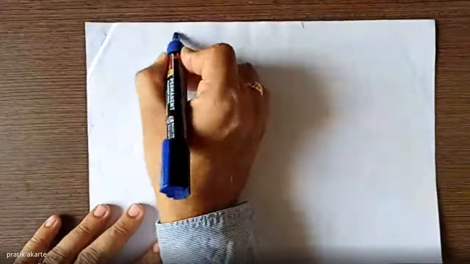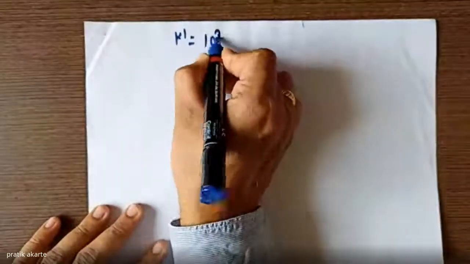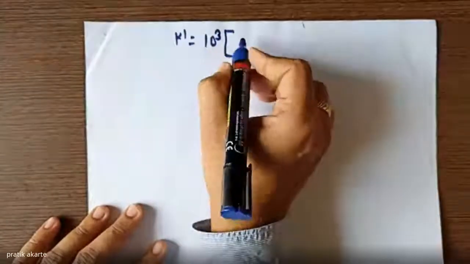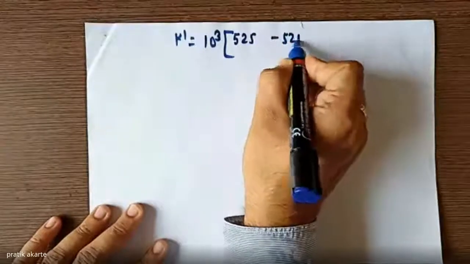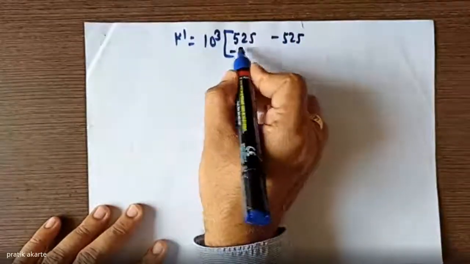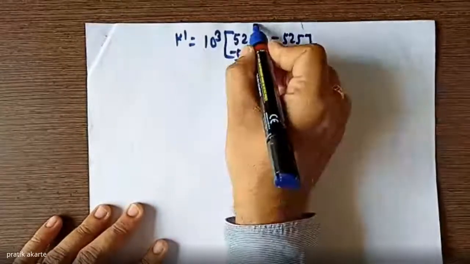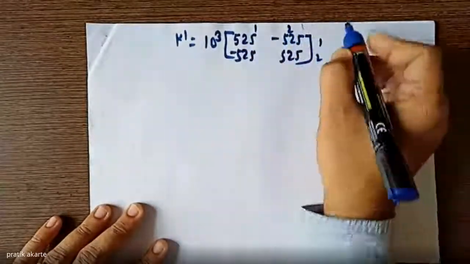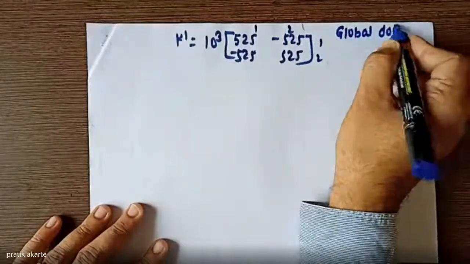Writing it in the element stiffness matrix form, K1 as 10 to the power 3 in bracket 525 minus 525, minus 525 and plus 525. Here I will be writing 1, 2, 1, 2, which is my global degrees of freedom.